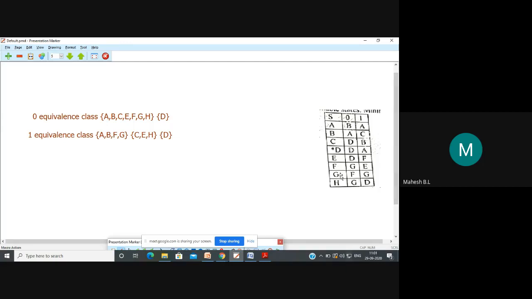G goes to F, G; both are in the same class. That means A and G cannot be distinguished. A makes a transition to this class, and G also makes a transition to this class.